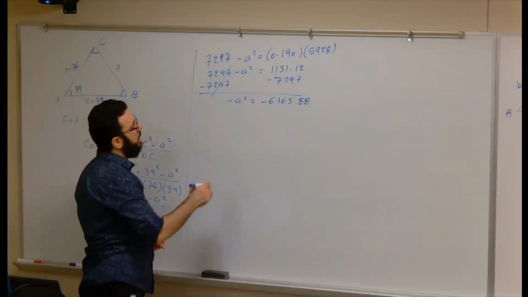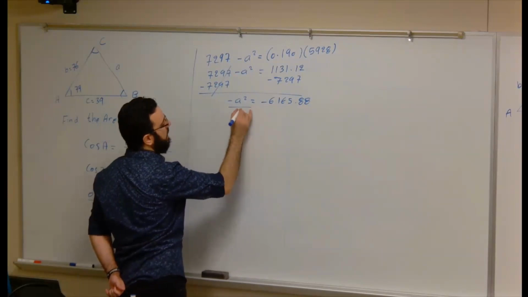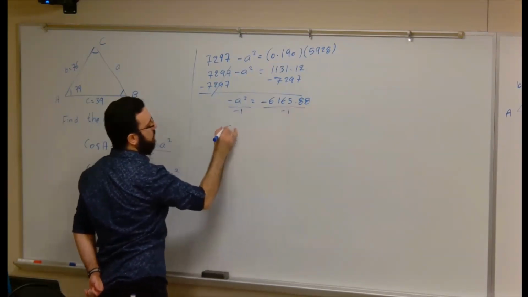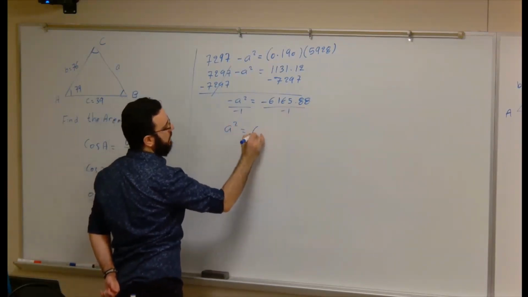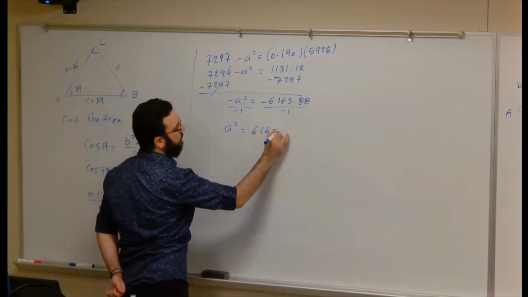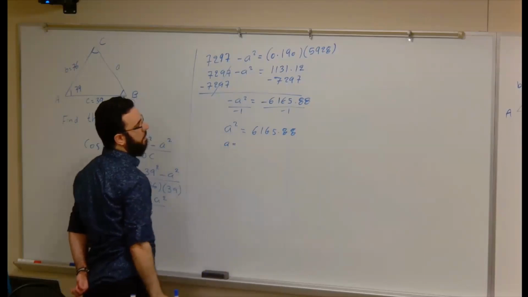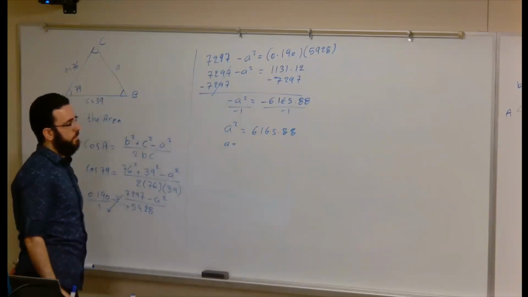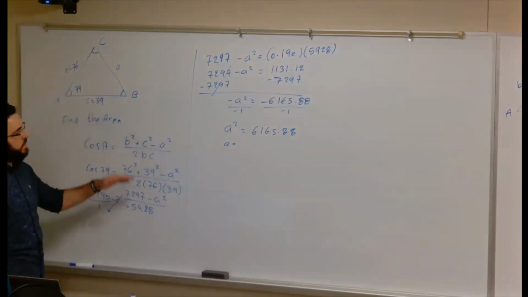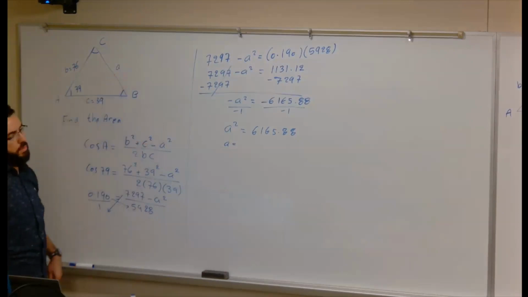And then you're gonna divide both sides by negative 1. So A squared is going to be 6,165.88. Then A is going to be what? You see all these steps just to find the side A. Take the square root of both sides.